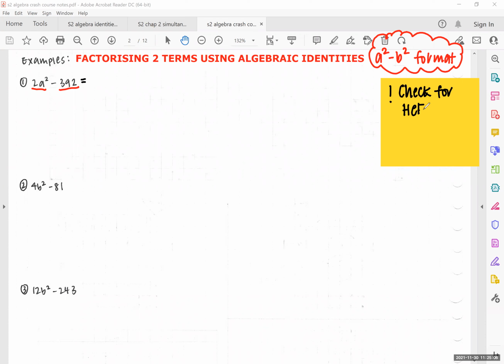You know what's HCF, right? It means highest common factor. So let's look at number 1. Is there anything common between 2a squared and 392? They're both multiples of 2, so the HCF is 2, right? So this is what you do. 2 bracket a square minus what?